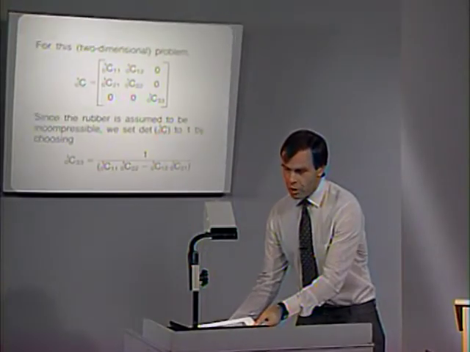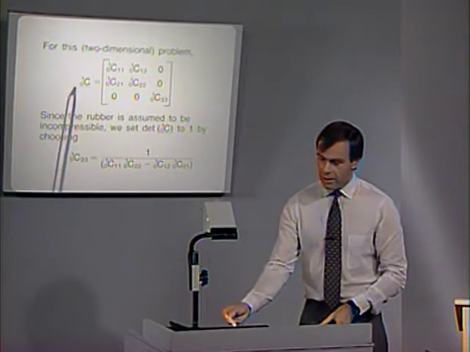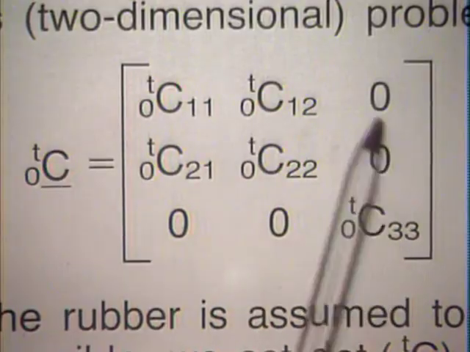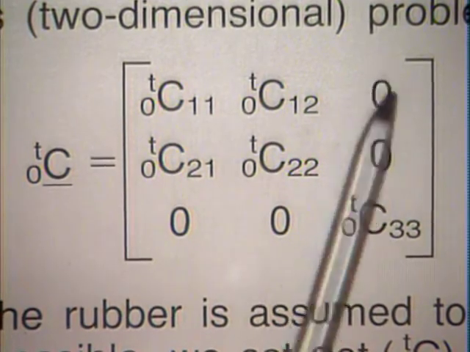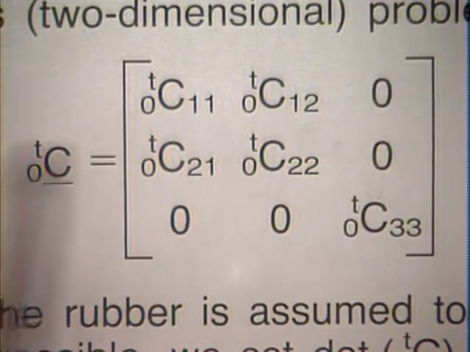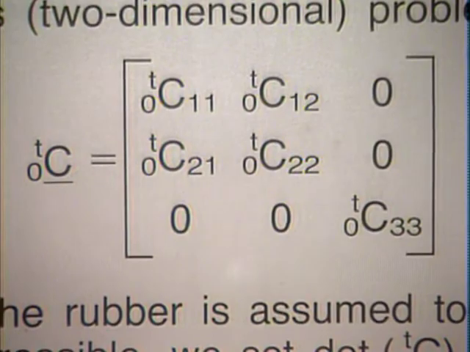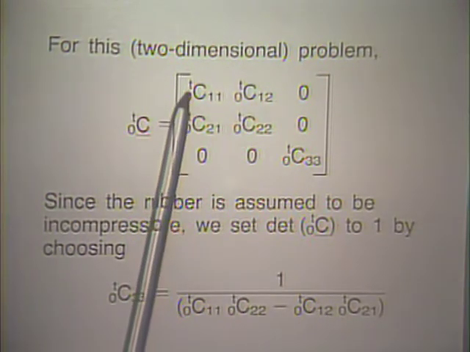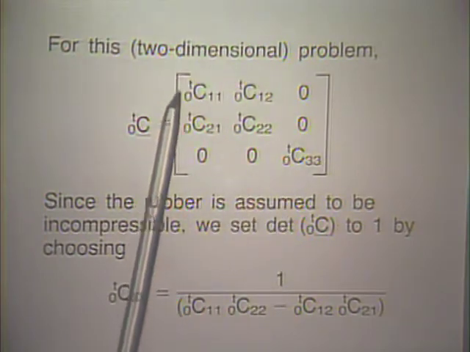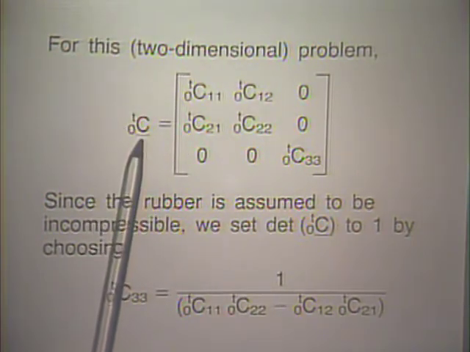For this two-dimensional problem, the Cauchy-Green deformation tensor is as shown here, 0 components here, and we impose the incompressibility of the material by simply setting the determinant of this matrix equal to 1.